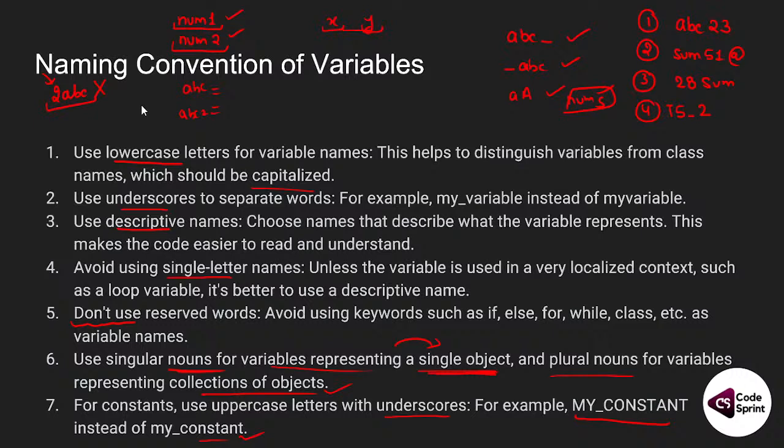Quickly tell me which are the valid ones. Okay, 1 and 4 are the valid ones. Any other answers? And 2 and 3 are not valid. Okay, 1 and 4 are valid.